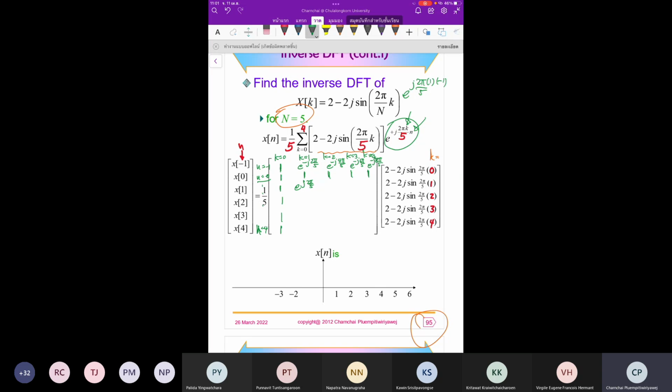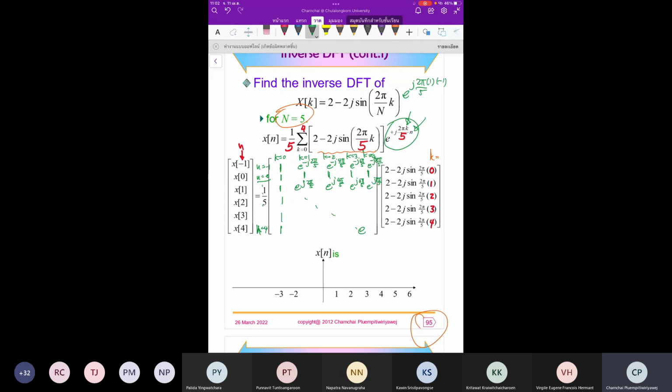And this is e to the j 4 pi over 5, e to the j 6 pi over 5, e to the j 8 pi over 5, and so on.